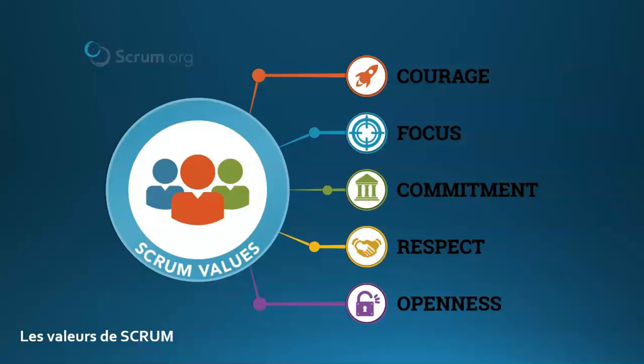Respect is a very important value in Scrum. We encourage people to talk and share with each other, to be respected and to respect others, even if they have a different opinion than us. This is what brings value, a positive change.